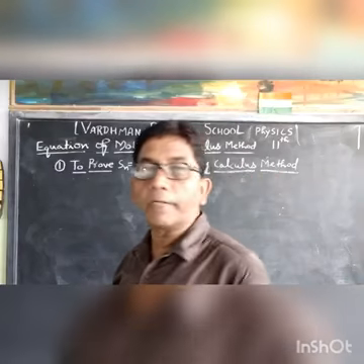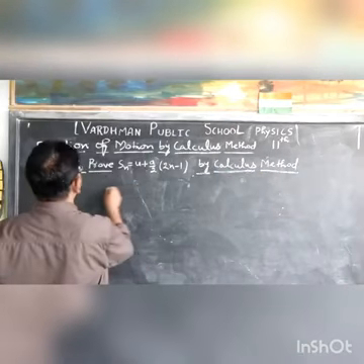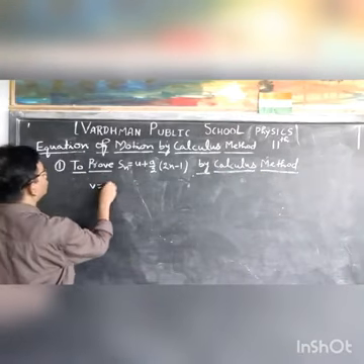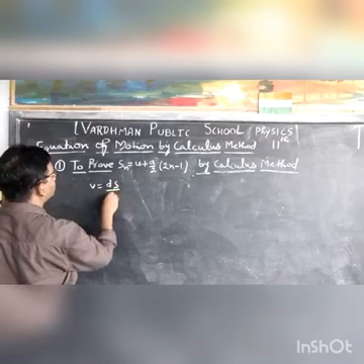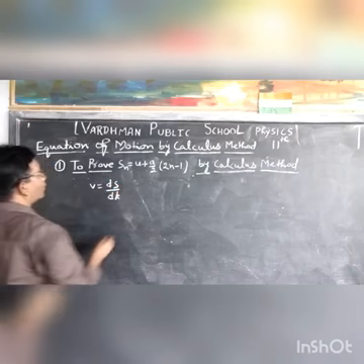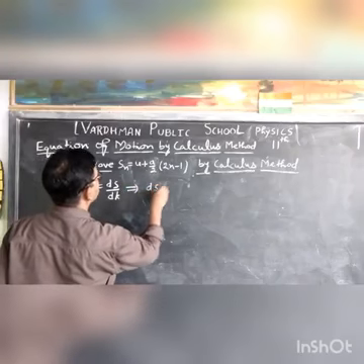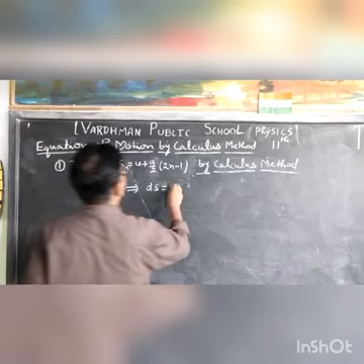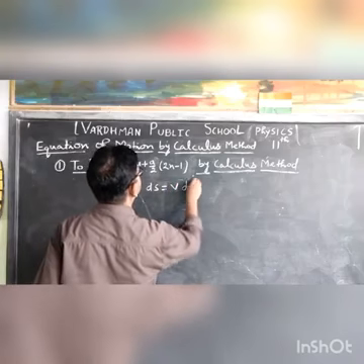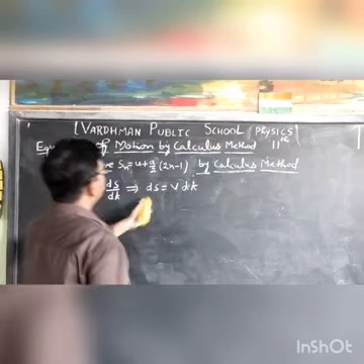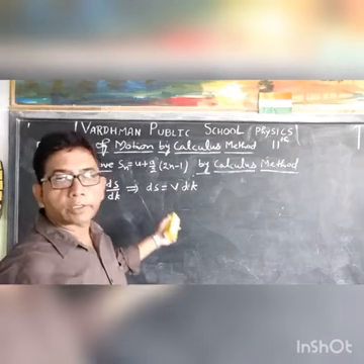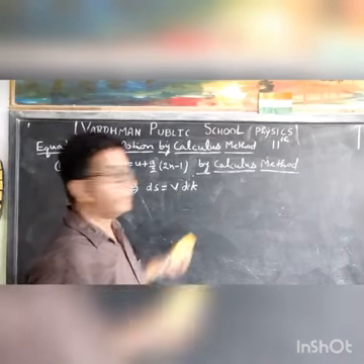Since velocity is defined as v is equal to ds upon dt, this implies ds is equal to v dt. Now we will integrate the above equation on both sides.